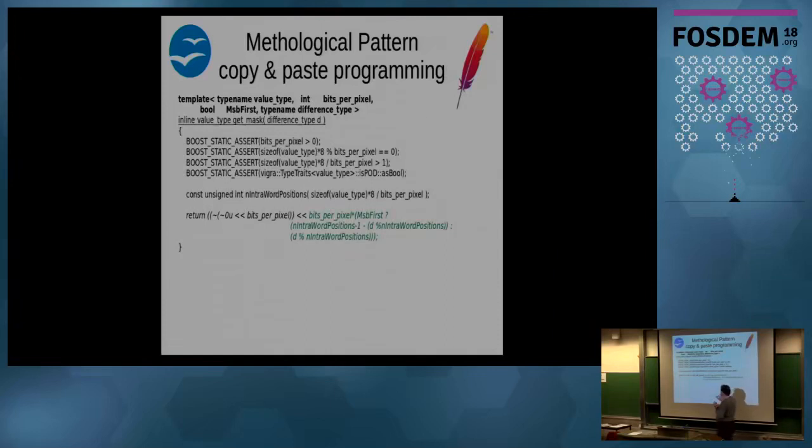So we can reuse these steps of code by just modifying these variables in bold type. The underlined stuff is the function we will get. Then this boost static assert is some quality checking. Then we have a code line and a return statement.